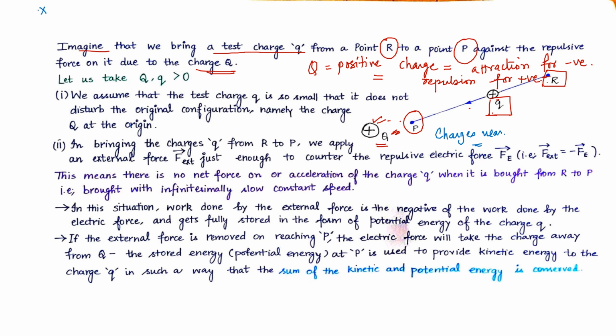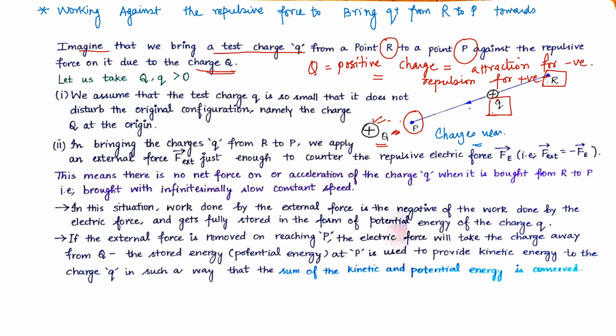Okay, so what we are doing is working against the repulsive force, to bring q, which is positive in nature, from point R to point P towards Q, which is again positive in nature.